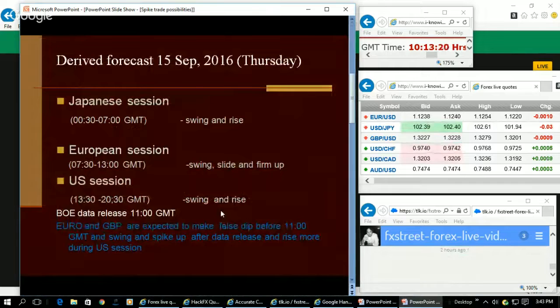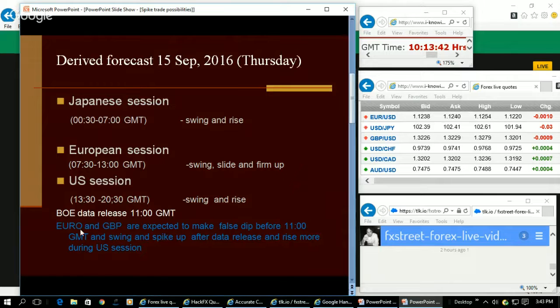Now, first of all, we'll look into the expected market moves, the forecast for this particular day. Swing and rise was expected during the Japanese session up to 7 GMT. From 7:30 to 13 GMT, a swing and slide and to a close a firm up. After the data release, they are expected to make a firm up.